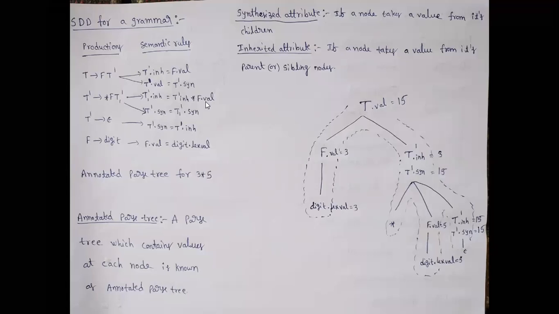F dot value is a sibling value, and it is 5. So 3 into 5 gives 15. We specify 15 here.